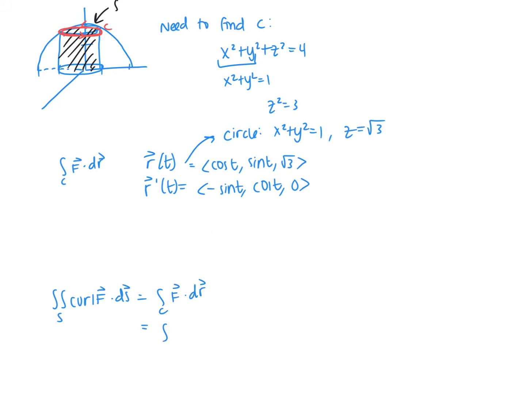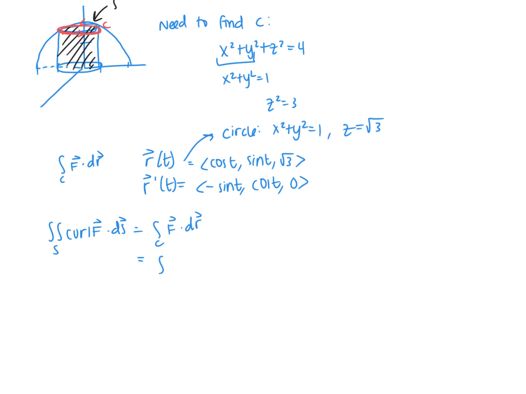Okay, so we're going to take f of r. So that's going to be root 3 cosine of t, root 3 sine of t, cosine of t sine of t, dotted with r prime of t. So that's negative sine of t, cosine of t, and 0 dt.